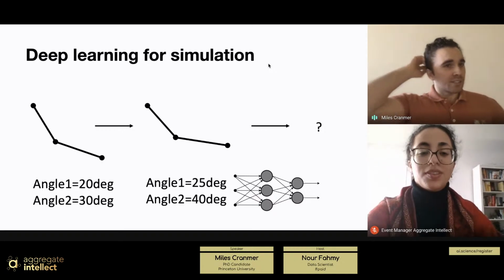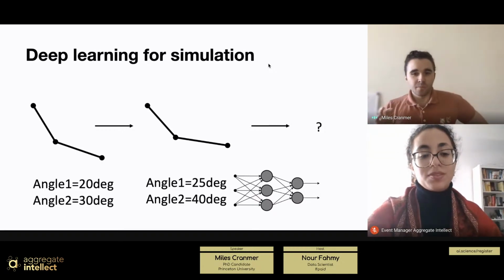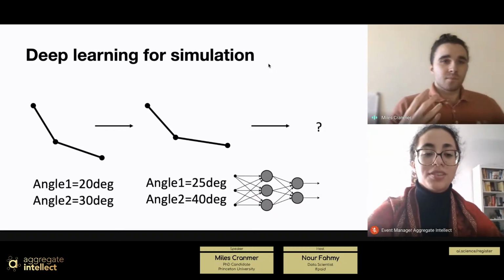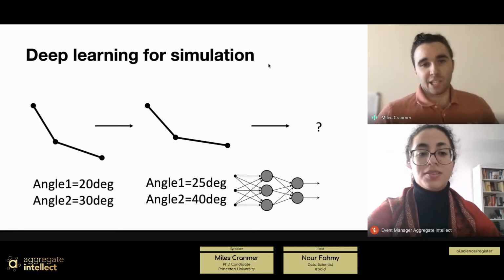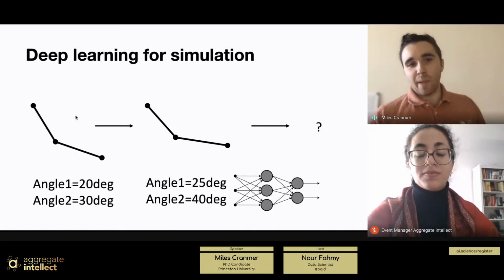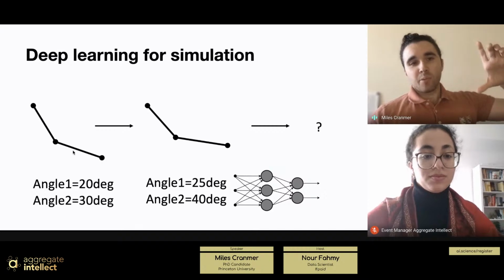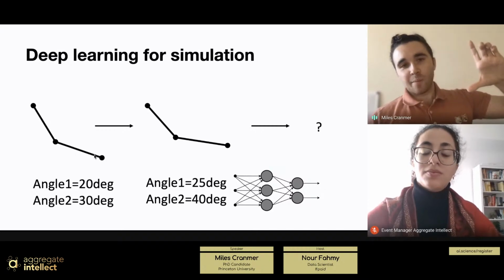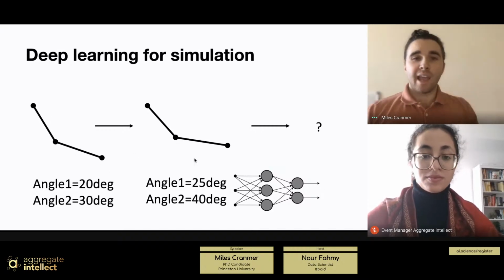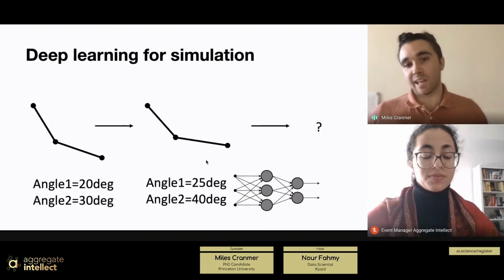Okay, so the next thing I want to talk about is deep learning for simulations. This is a double pendulum, and maybe my double pendulum is here at one step, and then it moves here, and I want to predict the next step.